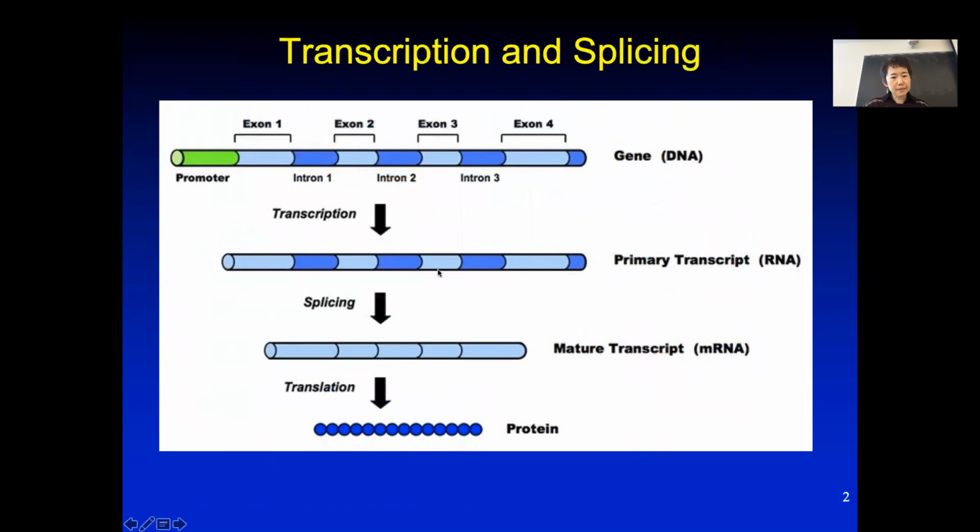But from the same gene, there could be multiple transcripts using different combinations of the exons. So the exons are the ones that are eventually going to be productive in terms of making a real transcript going to protein translation. But different transcripts might use a different set of the exons. For example, one transcript might just use exon 1, 3, and 4. The other will only use 1, 2, and 3.